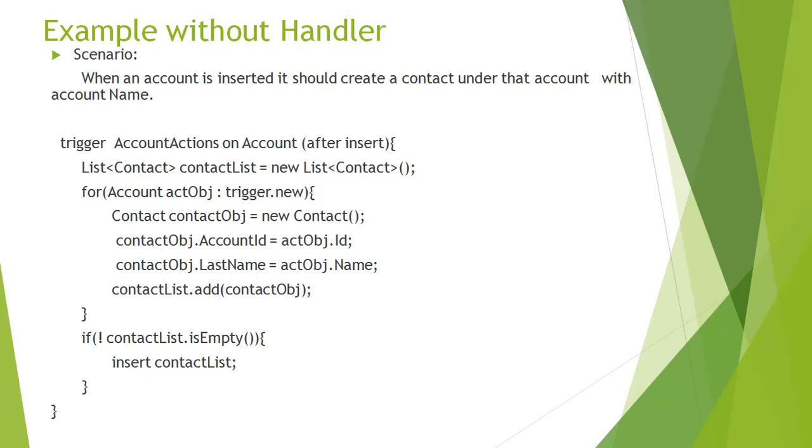Here, whenever an account is inserted, the event is occurring on an account. That's why we are writing the trigger on account, with the name AccountActions. Let's write this trigger on account.